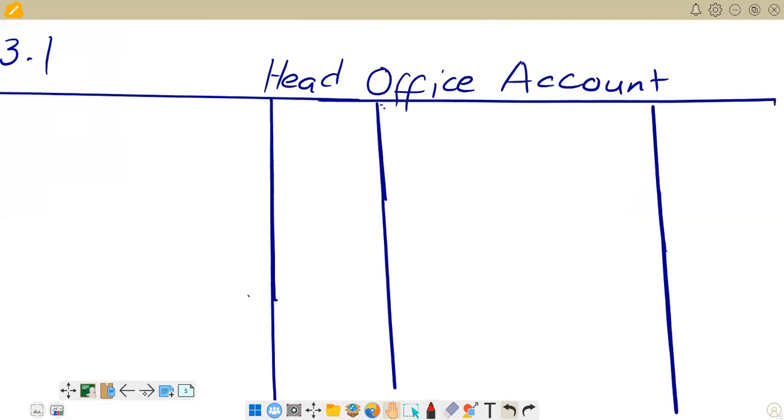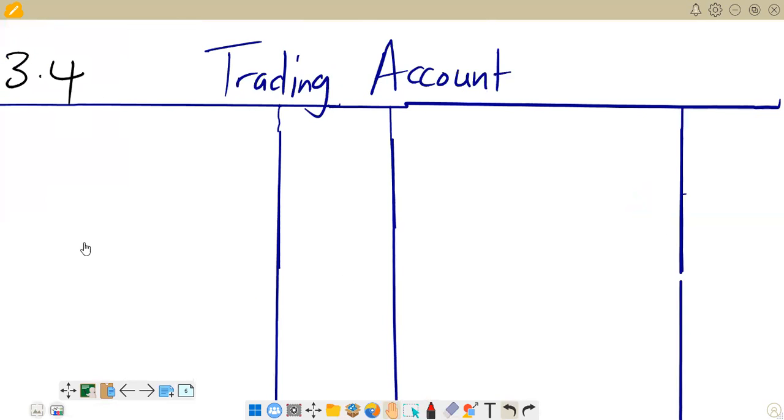This is our trading account. Opening inventory obviously comes on the debit side of the trading account, so we can straight away post it there. We have opening inventory on the debit side, and the amount that we have is 38,000.